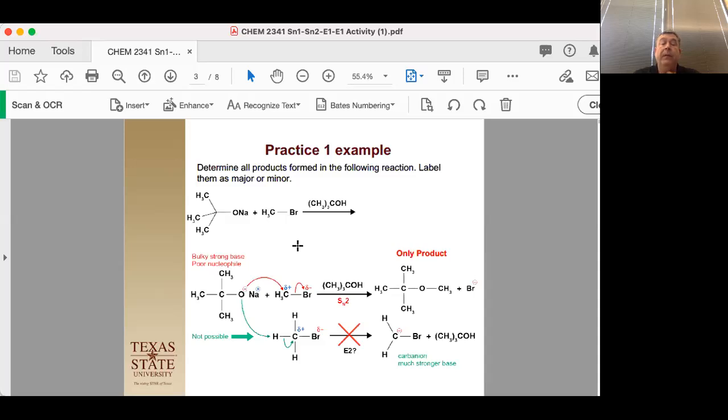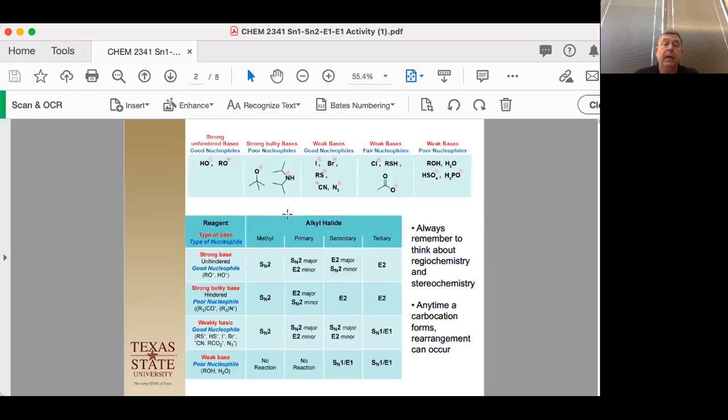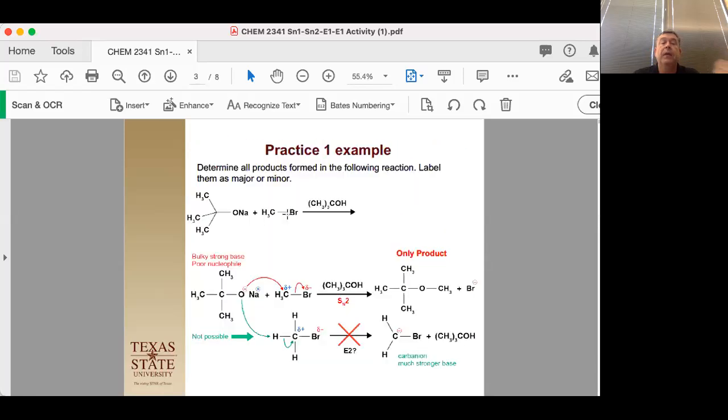So the only reaction we can have here is a substitution. Because we have a methyl halide, it doesn't undergo SN1 reactions, it only undergoes SN2 reactions as per our list. So our only product is our substitution product. We cannot do an elimination because there are no alpha hydrogens. We only get one product.